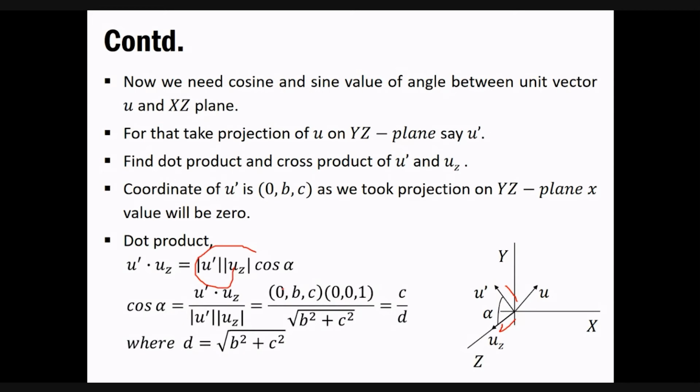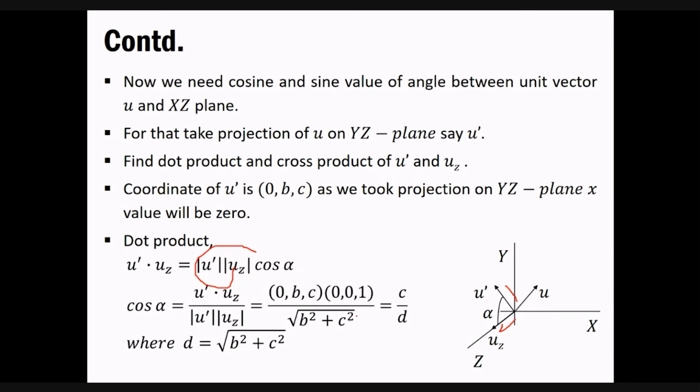Similarly, for uz we will be taking 0, 0, 1, because we have just taken this thing on the z axis, so the x and y values are 0. Similarly, you'd be getting 0, 0, 1 upon the whole thing, that is b square plus c square.